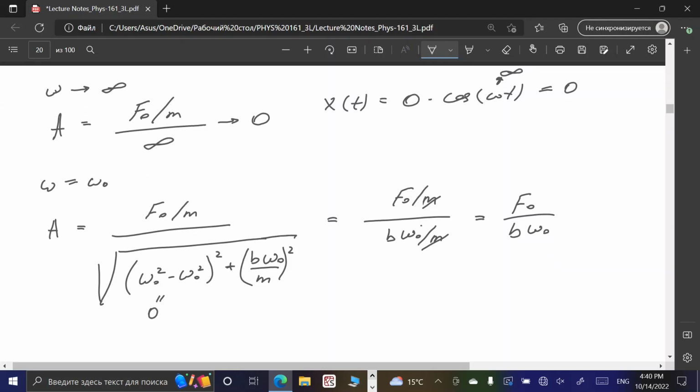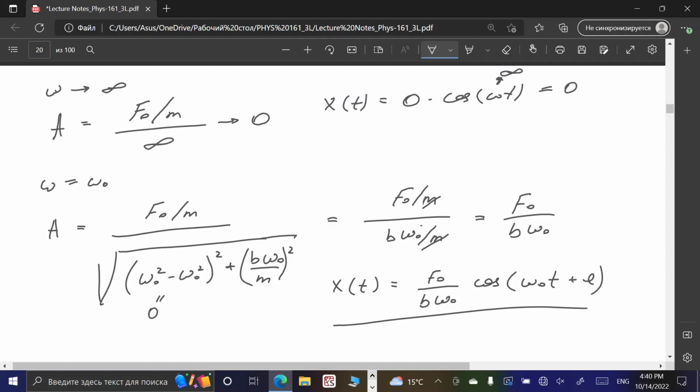So under resonance condition, we can write that x as a function of time will be f naught over b times omega naught times cosine of (omega naught times t plus phi).